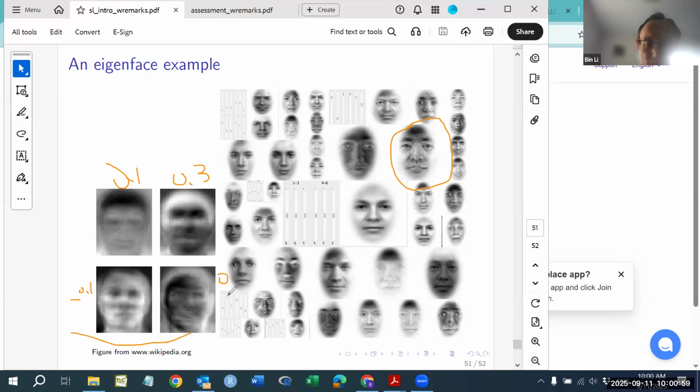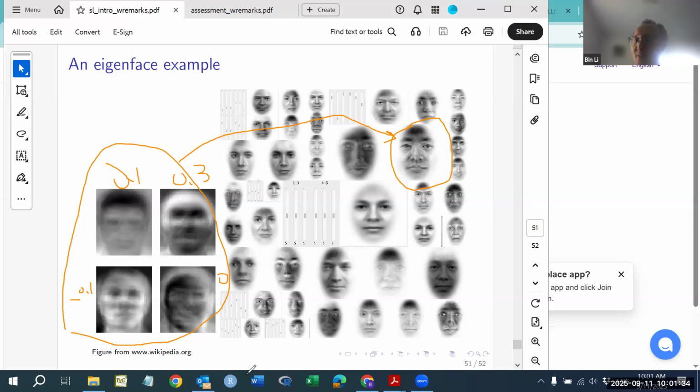If we have all these 4 eigenfaces with these particular weights, we can have an image which is very close to this. Of course, this is just a very simple example. Usually we can have thousands of eigenfaces, and we have weights for each eigenface. Then we can have a very good approximation just by these weighting numbers.